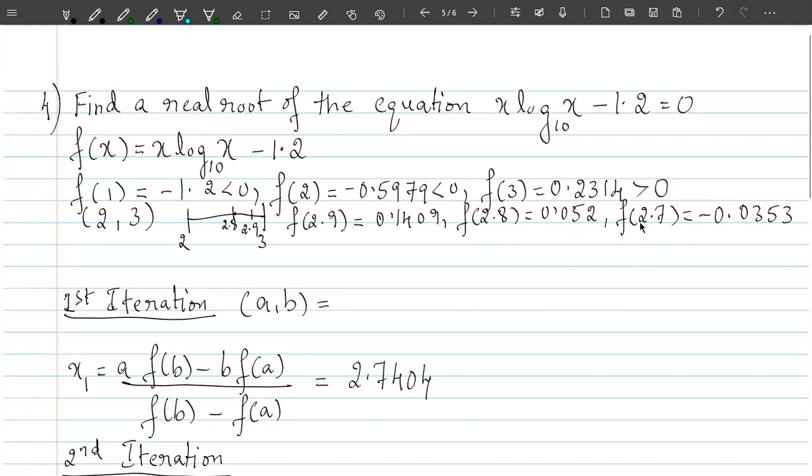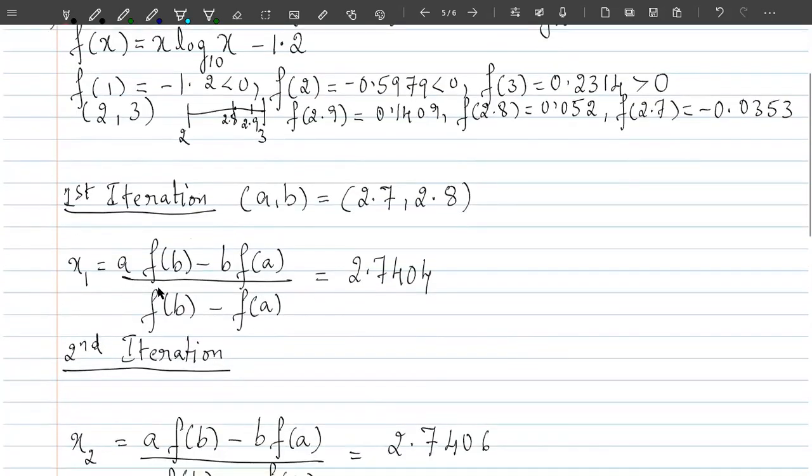That interval a comma b is nothing but 2.7 comma 2.8, because f of 2.7 is a negative value and f of 2.8 is a positive value. So I have the interval as 2.7 comma 2.8. So using this, perform the first iteration.